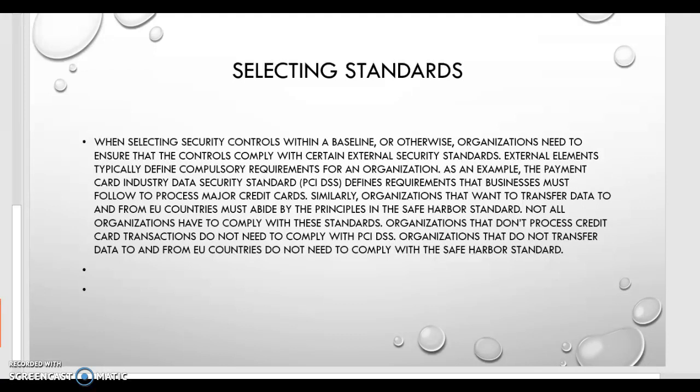As an example, the Payment Card Industry Data Security Standard (PCI DSS) defines requirements that businesses must follow to process major credit cards. Similarly, organizations that want to transfer data to and from EU countries must abide by the principles in the Safe Harbor standard. Not all organizations have to comply with this standard.